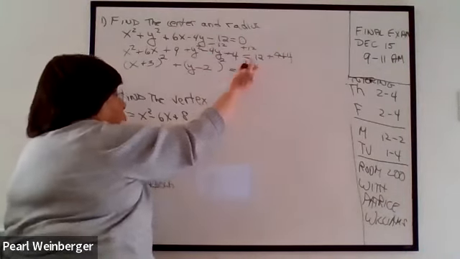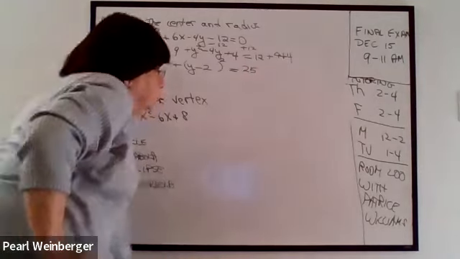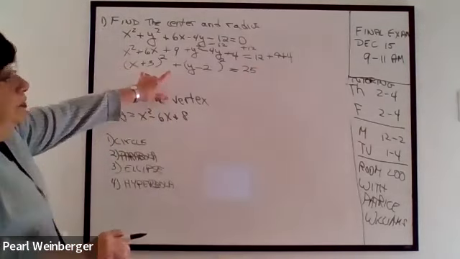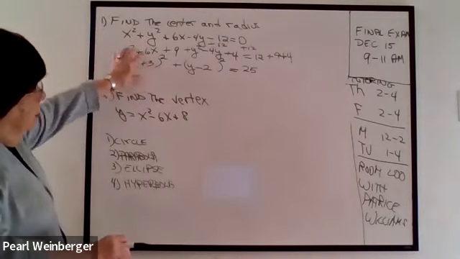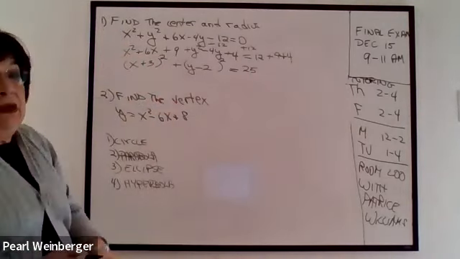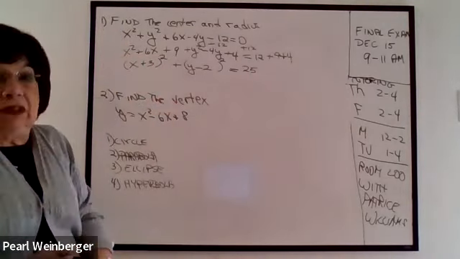We now have put the equation in what we call standard format, where we can now read the center and the radius of the circle. How do we find the center? We look at the numbers inside the parentheses.